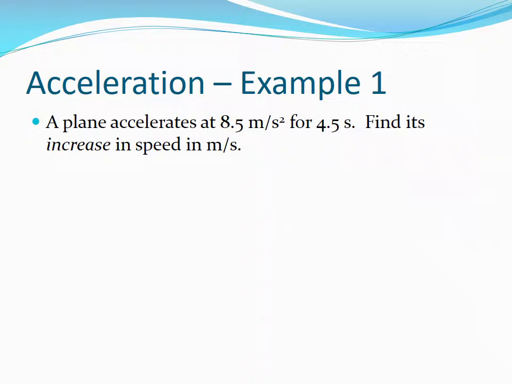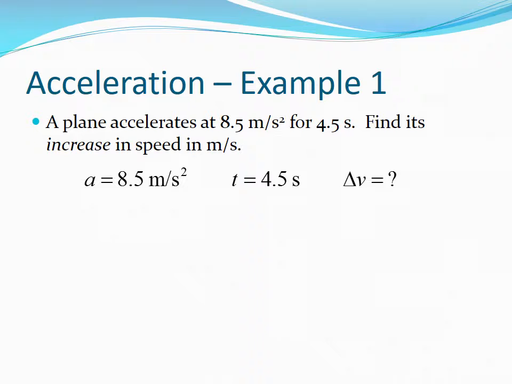A plane accelerates at 8.5 meters per second squared for 4.5 seconds. Find its increase in speed in meters per second. The acceleration is 8.5 meters per second squared, and the time interval is 4.5 seconds.